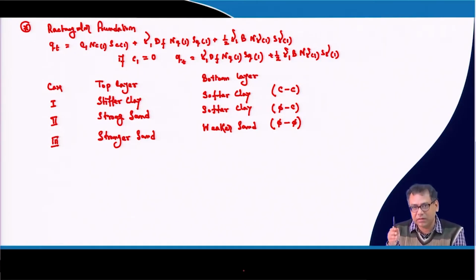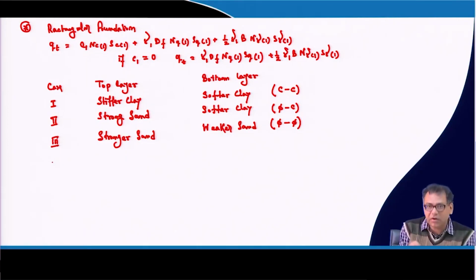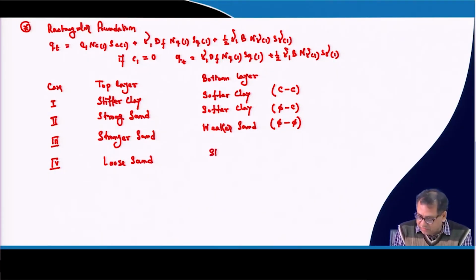So, you know that. Then the stronger sand and weaker sand is also possible, and I will discuss a fourth case, which is not in these cases, where my top layer is loose sand and the bottom layer soil is stiff clay.